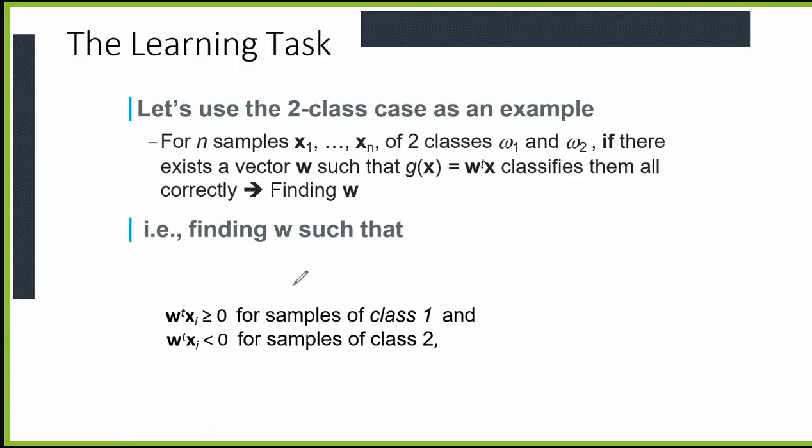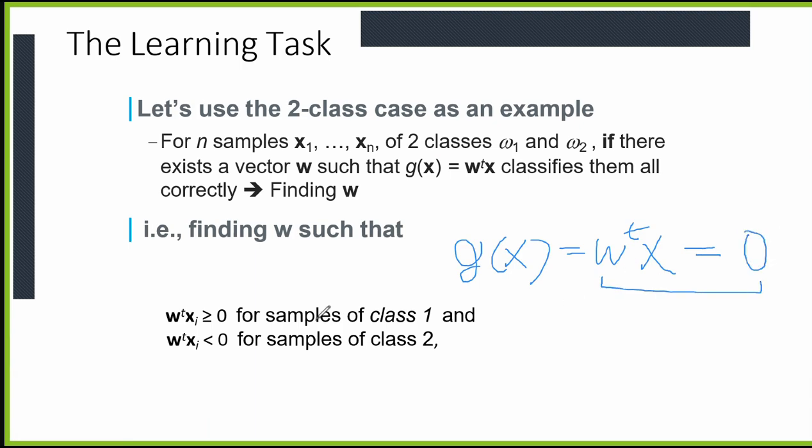And since we set the discriminant function as 0, one thing to look at is that if we have a data point and we have a decision boundary, let's say this data point is x10.